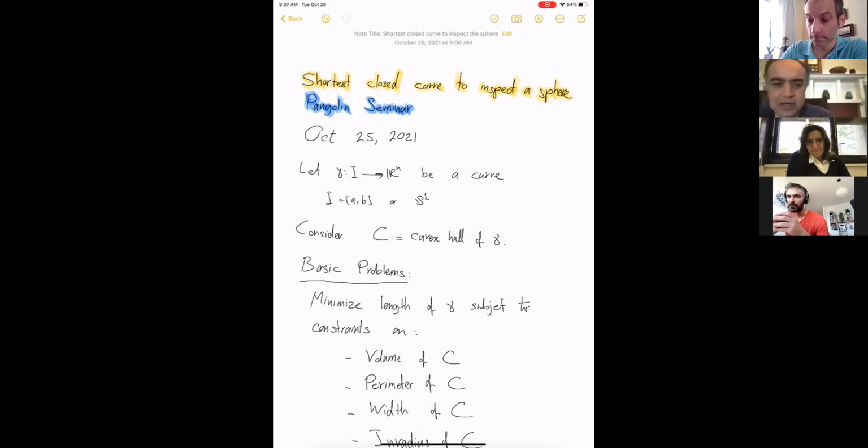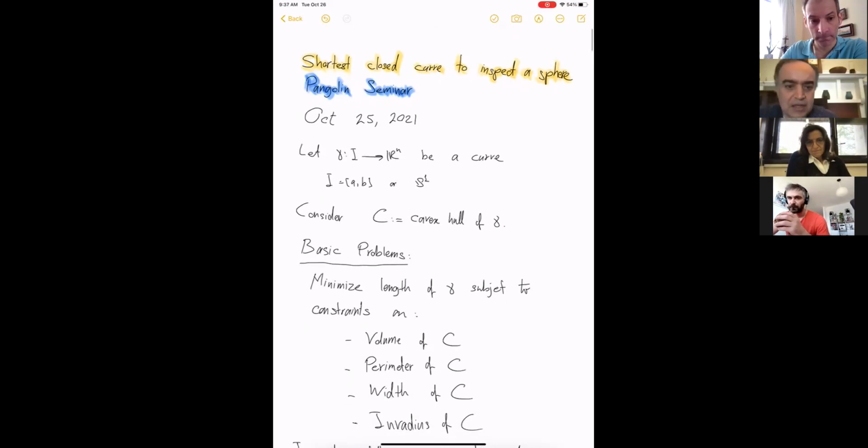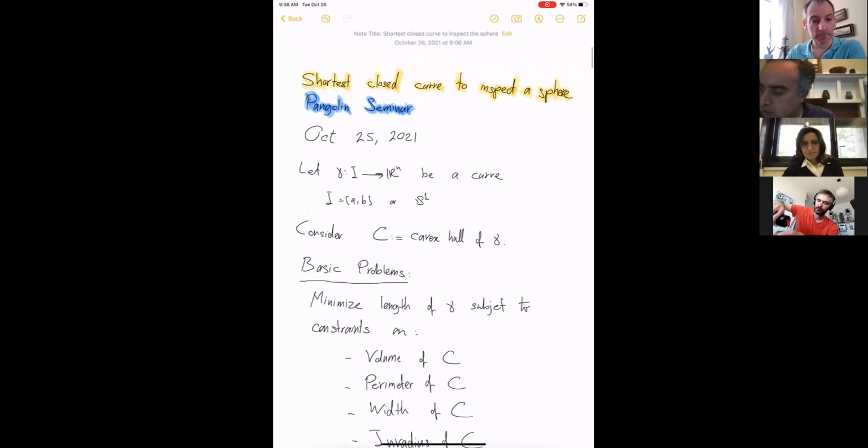And we look at its convex hull. C is the convex hull of gamma.